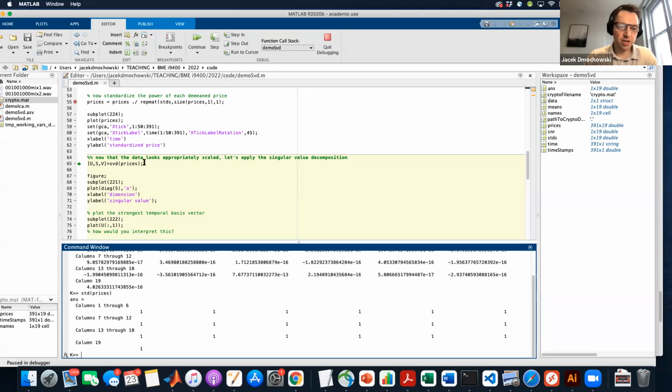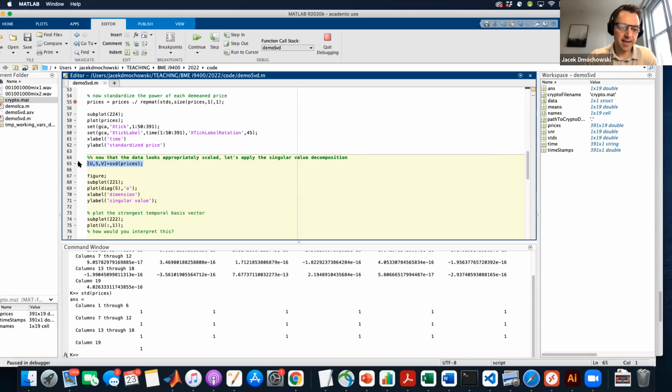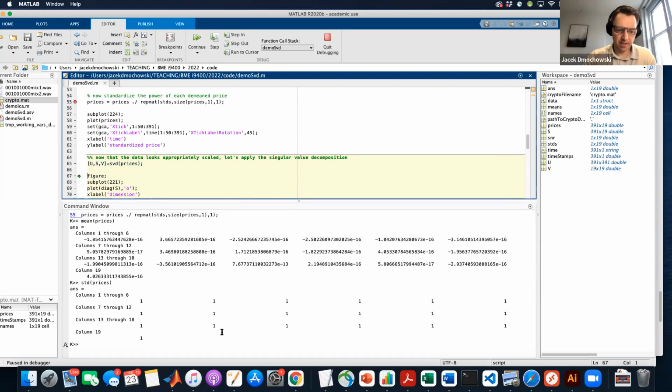Okay, so this is the critical line here that actually does the SVD. I am interested in capturing the modes of cryptocurrency fluctuations, in discovering the structure of that. And so I execute my SVD.